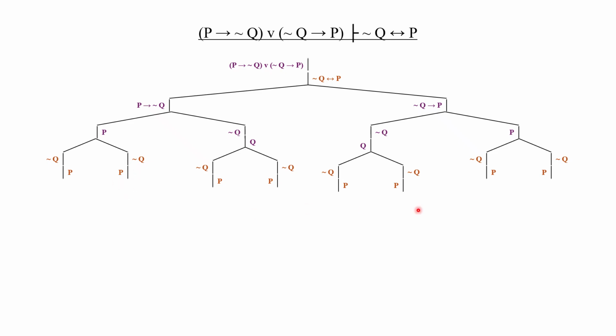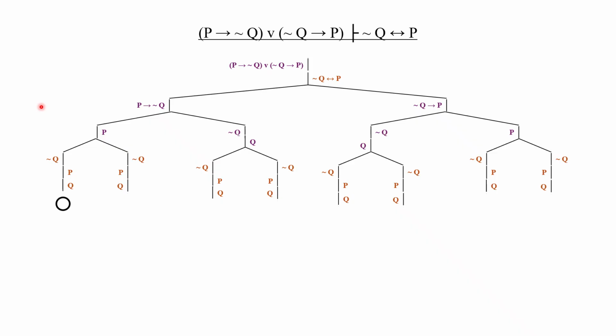And it's the same thing for all of these. I just need to now flip the tildes across those branches, so that's why this tilde Q becomes a regular Q, this tilde Q becomes a regular Q, and then you just repeat for all of these other branches. And then you're done. You just need to figure out if it's valid or invalid.